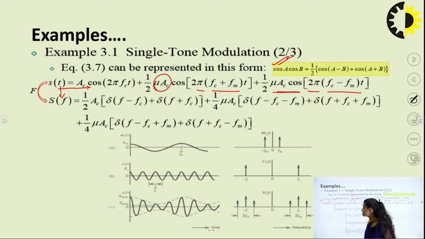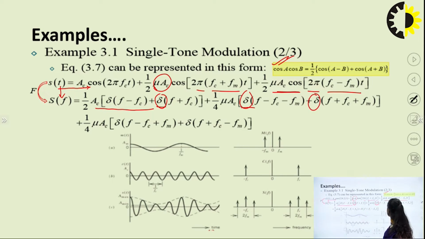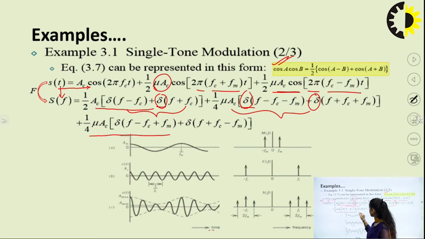Then I get to see the actual spectrum, with the shift, right? So I get to see the positive frequencies and the negative frequencies, right?